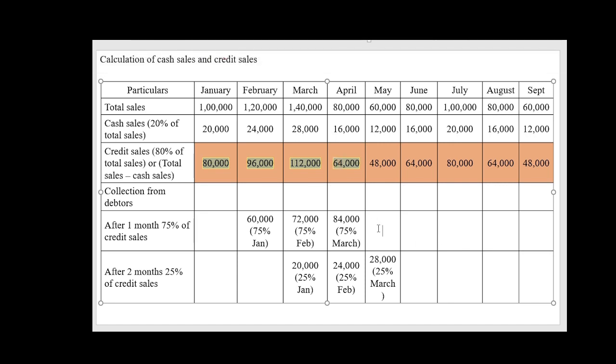75% of it will be 48,000 pertaining to the month of April, and for the month of June it will be 25% of 64,000.